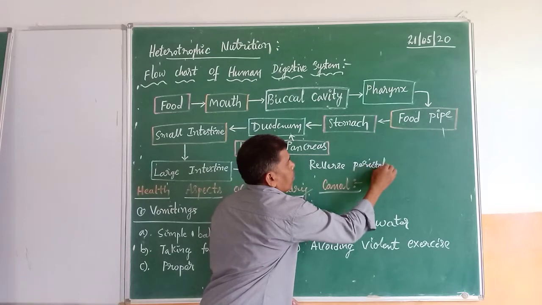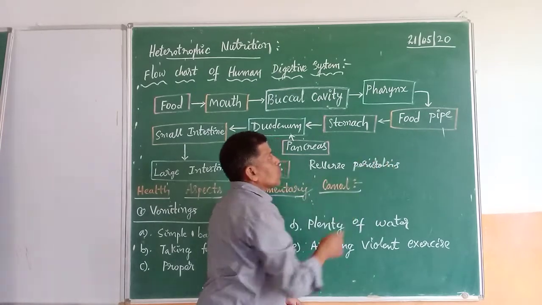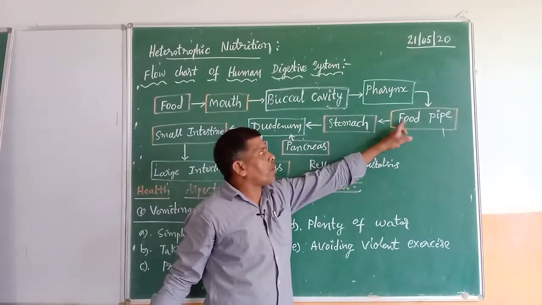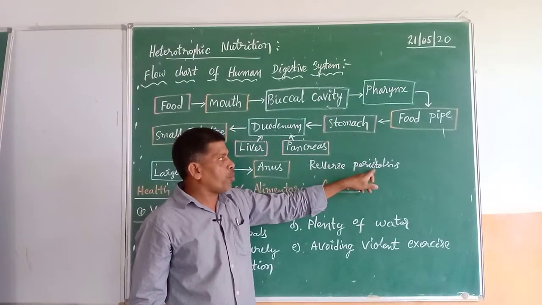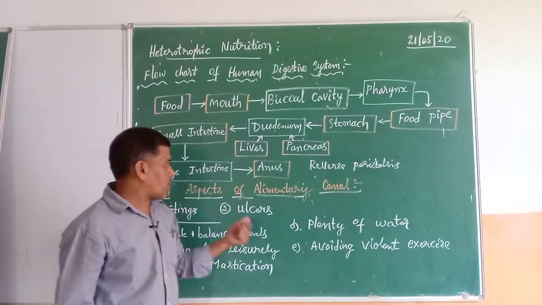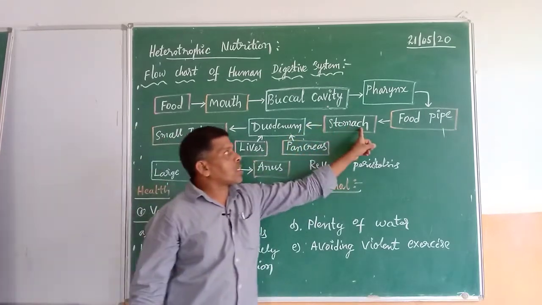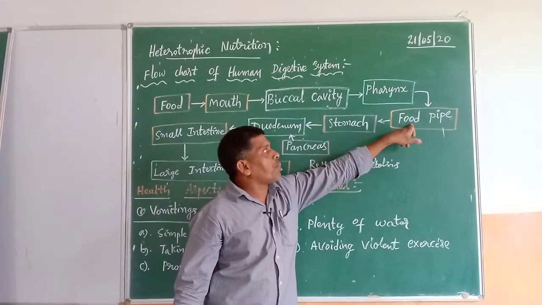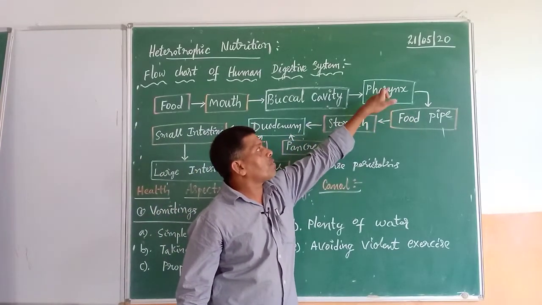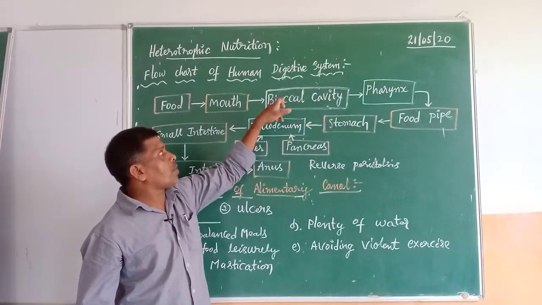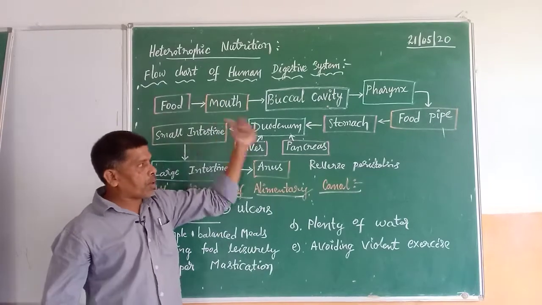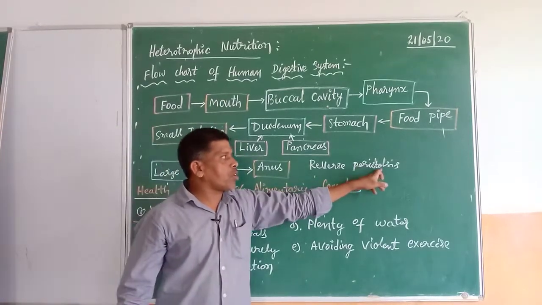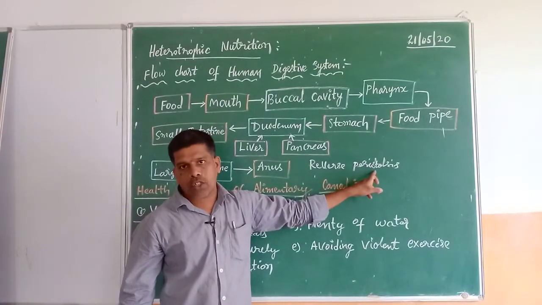Yesterday we saw the word peristalsis. Whenever food moves from the food pipe into the stomach, the peristalsis movement takes place. Here, whenever the food is expelled from the stomach into the food pipe, from the food pipe into the pharynx, from the pharynx into the buccal cavity, and from the buccal cavity out through the mouth, that process we call reverse peristalsis.